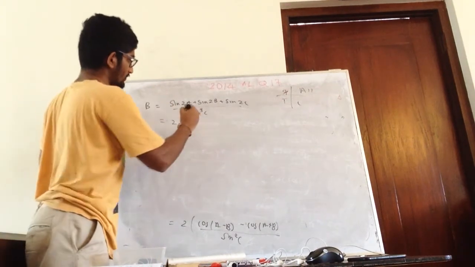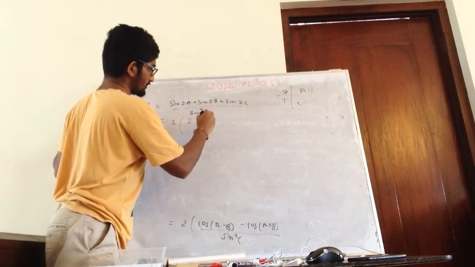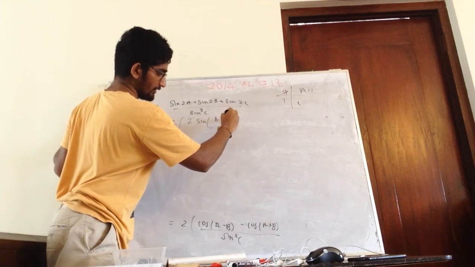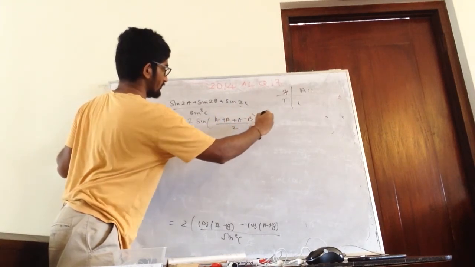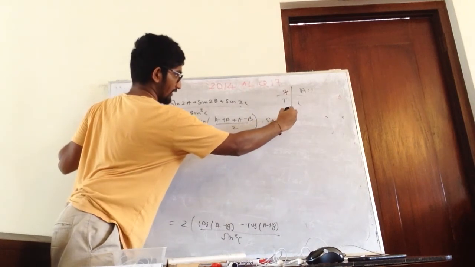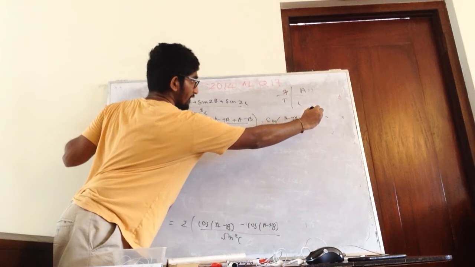Basically 2 sin ((A plus B plus A minus B) over 2) sin ((A plus B minus A plus B) over 2).